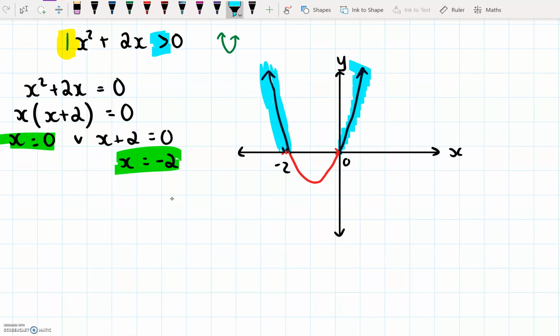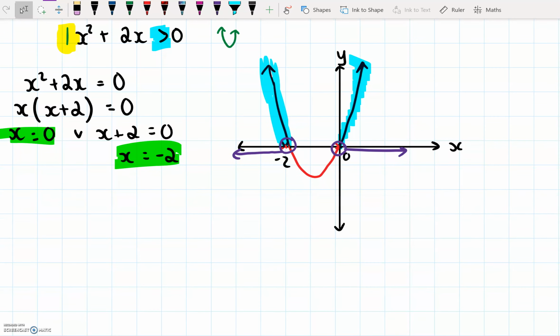So we can see that on our x-axis, that means we're taking from minus 2 and we're going out, and we're taking it from 0 and we're going out. So what this gives us is x is less than minus 2 or x is greater than 0. Because it's lower than minus 2 if you look on the x-axis, and it's higher than 0 if you look on the x-axis. And that's it. So these are exactly the same as the normal ones we've been doing.